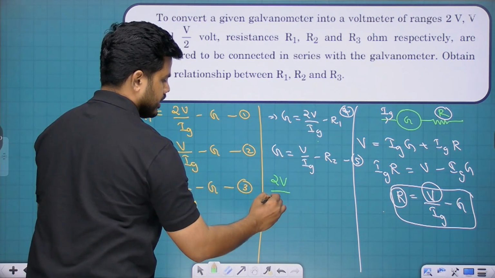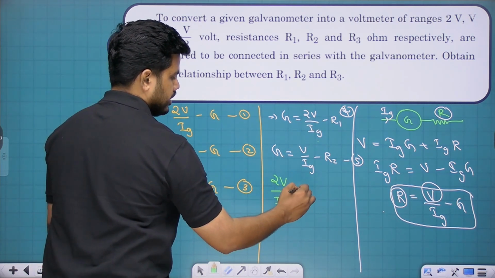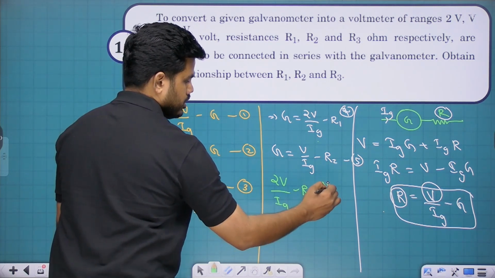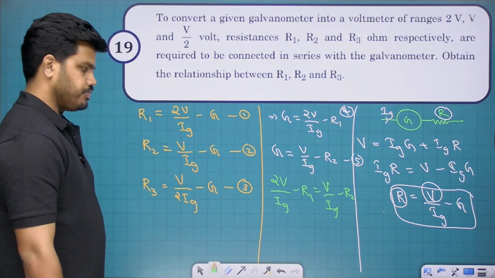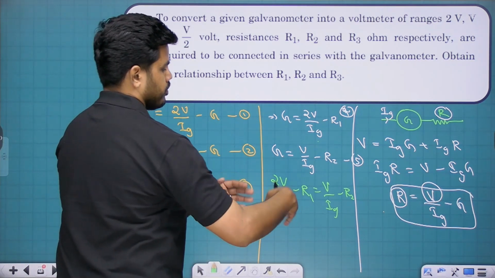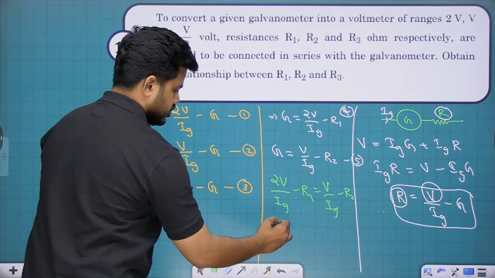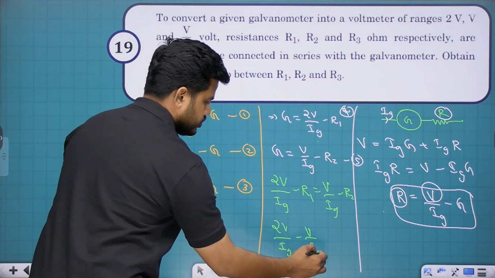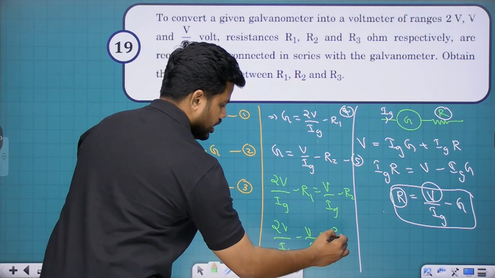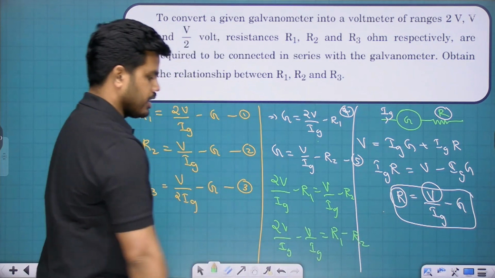2V by Ig minus R1 is equal to V by Ig minus R2. Okay, so if I take R1 to the other side, 2V by Ig minus V by Ig is equal to R1 minus R2, correct?